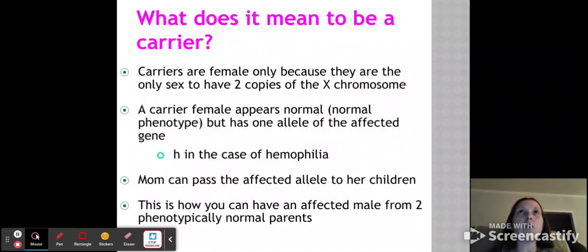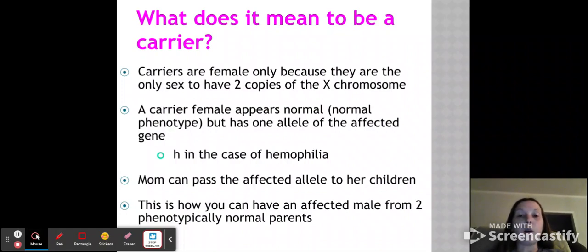So let's make sure we do understand what it means to be a carrier, because a carrier, like we said earlier, will express as a normal functioning individual or organism, but still can pass that gene on to their offspring. So carriers are female only because they have two X chromosomes. Having two X's means that if they have one dominant, then they're going to express the dominant, but they could still have that allele as a heterozygous female.